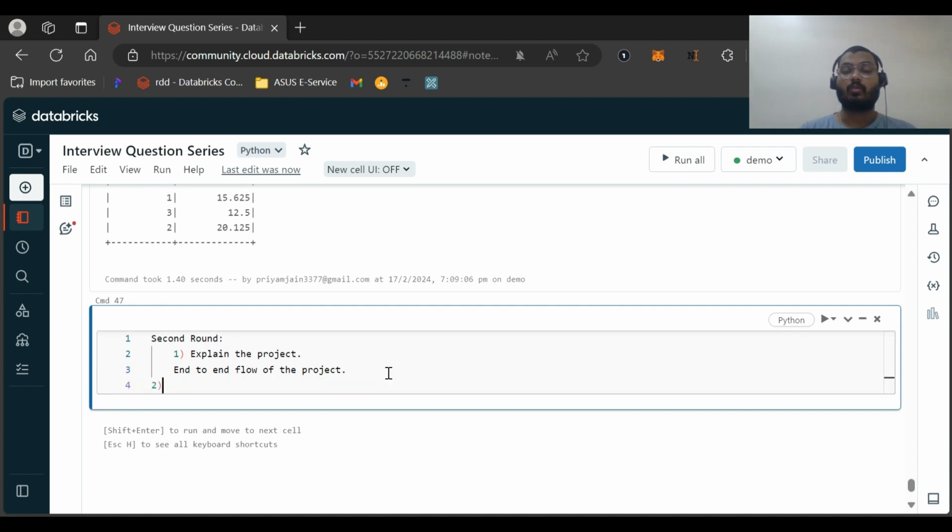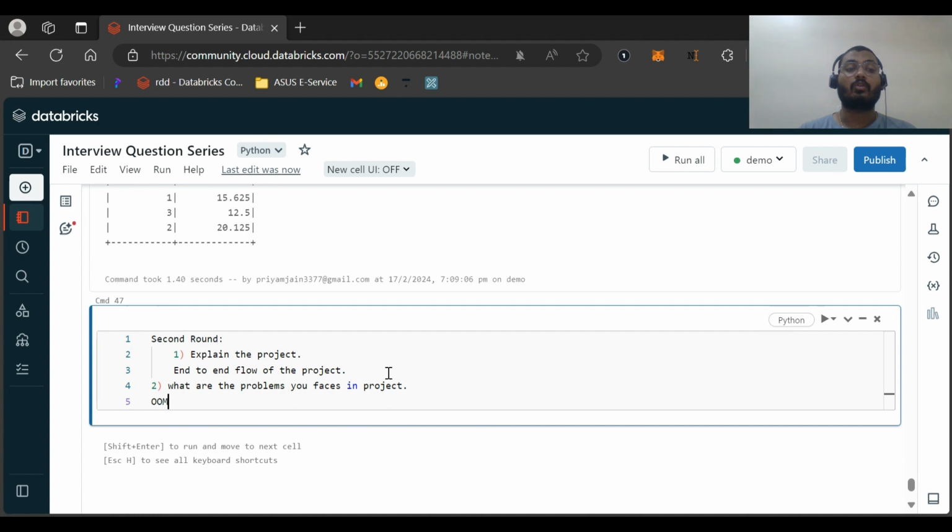The questions are like: what errors have you faced, and what problems have you faced in the project? If you're working on a PySpark project or a big data project, then you might have faced out of memory exceptions, right? Then there can be permission errors that you have faced.